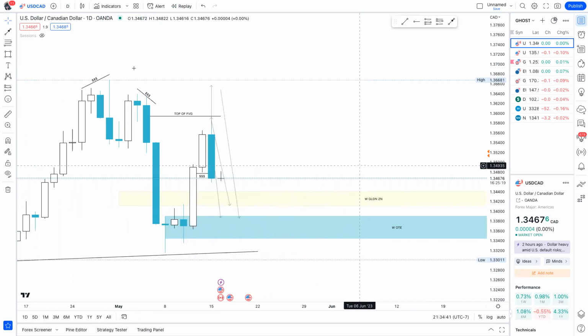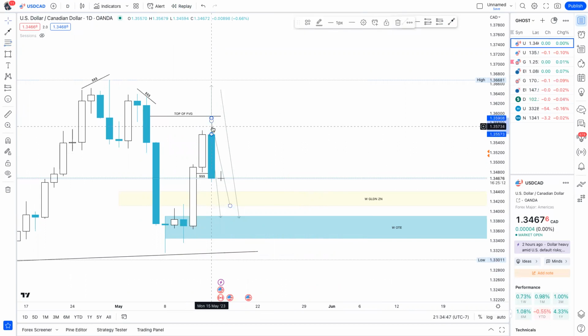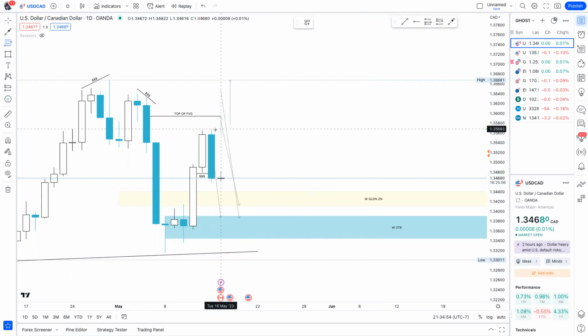So this wasn't really supposed to be live trading, but for you beginner traders, all you gotta do, I can't see where this wick is right now. Let's get this out of the way. Okay, there it is. So the chart showed its hand, right? It went down and just grabbed this, and it looks like it just wants to continue selling.